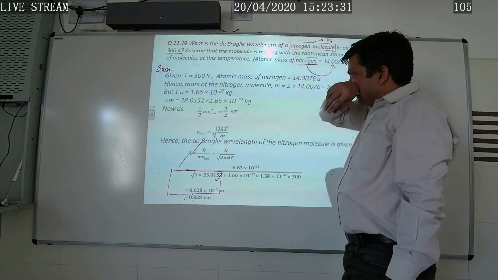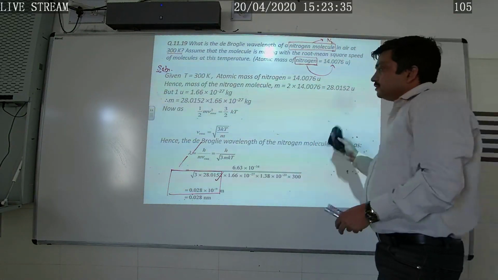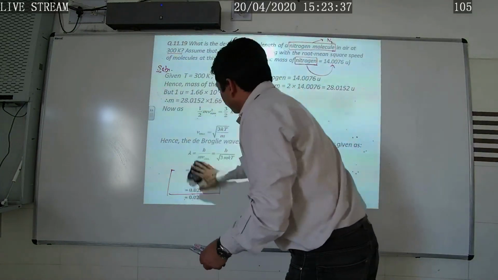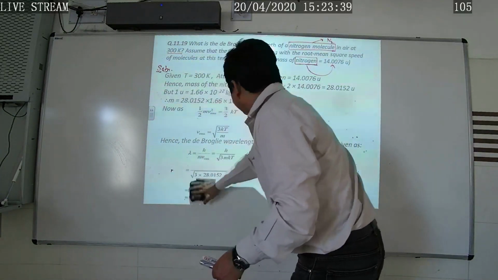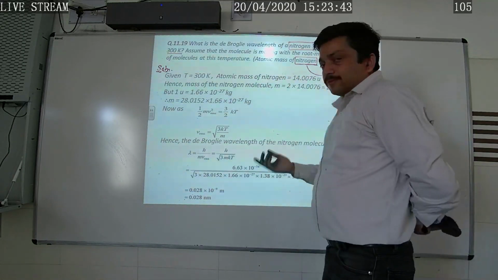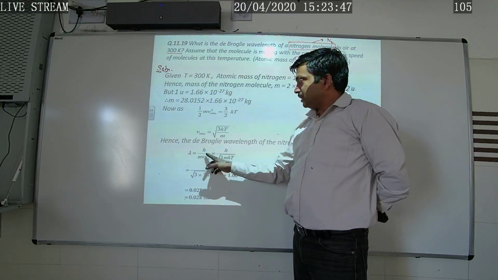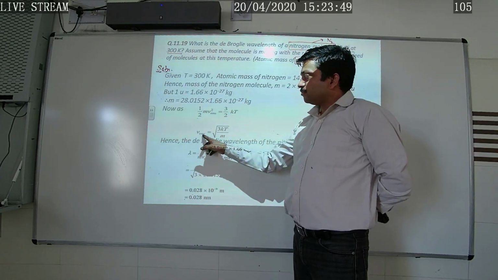We want to calculate the de Broglie wavelength. For the de Broglie wavelength associated with the nitrogen molecule, which is a material particle, it will be h over mv, where v is the root mean square velocity.